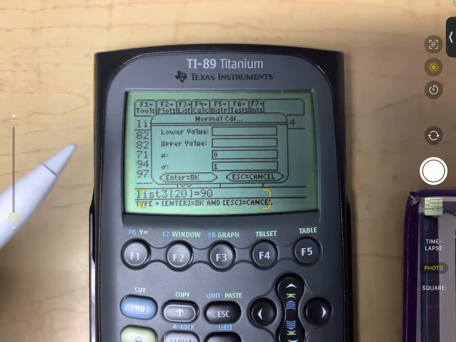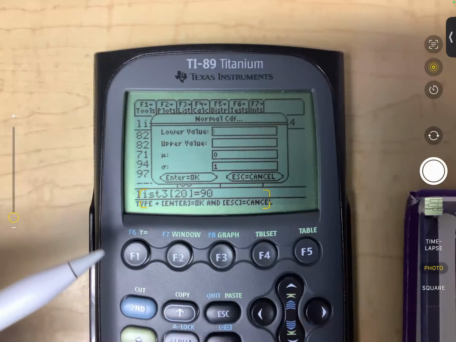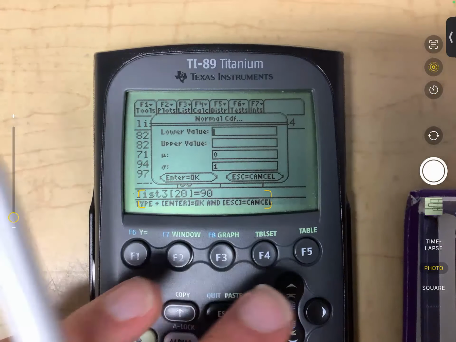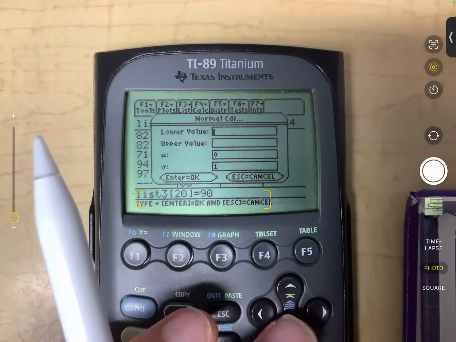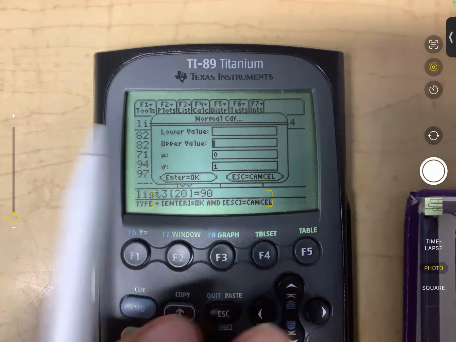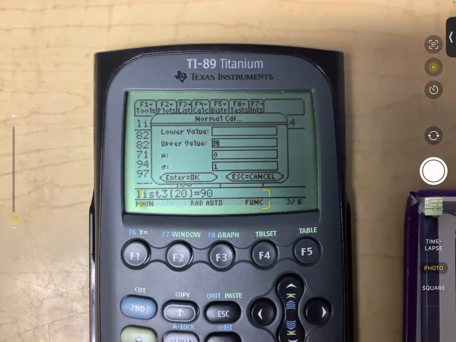If I want to find the percentage of humans with a body temperature below 98.6, then 98.6 is like the upper bound of temperatures that I'm asking about. So we'd put in 98.6 as an upper value.